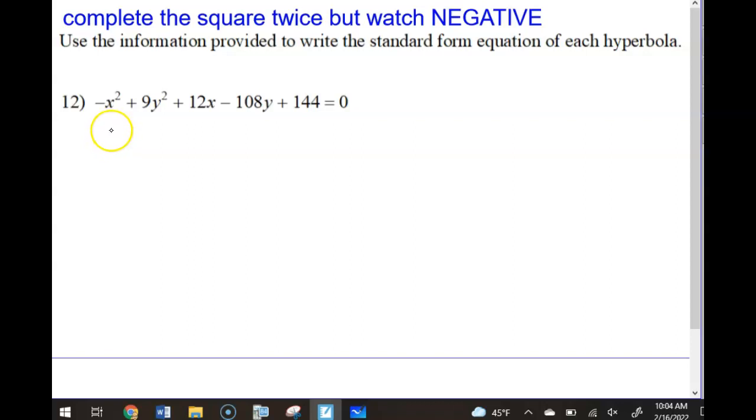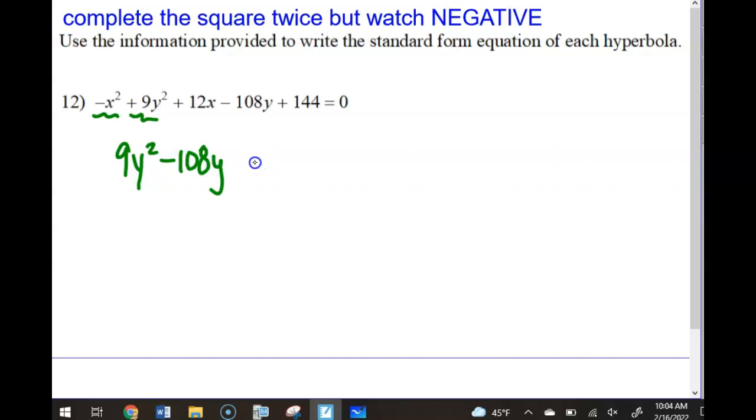Okay. To make this look right, which squared term is positive? The y's, right? So we're actually going to move those out front. 9y squared, what goes with that? Minus 108y.